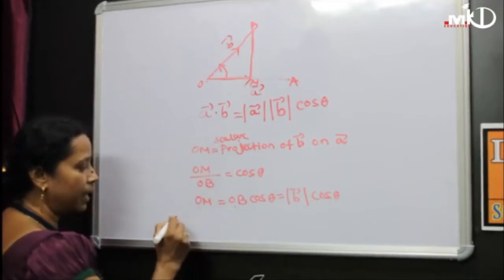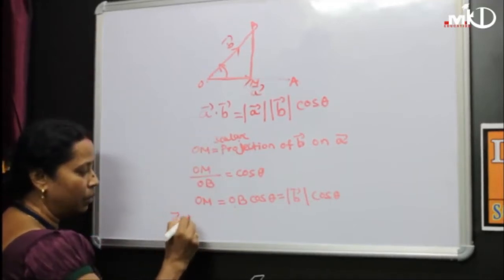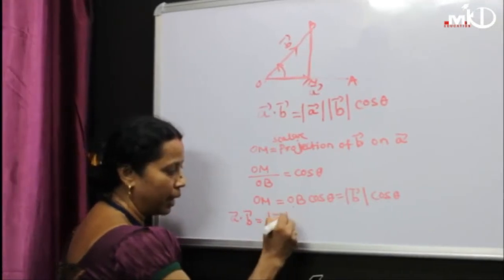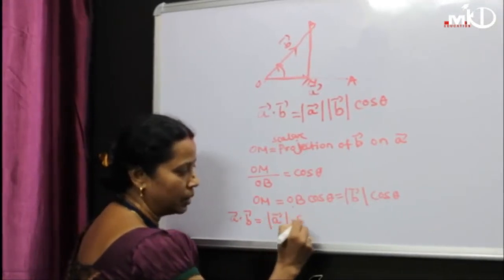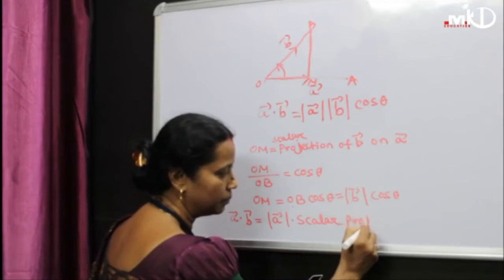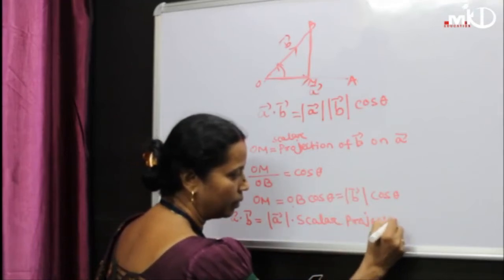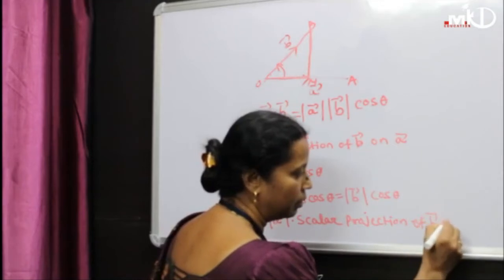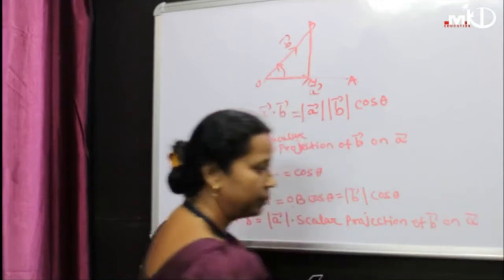So here I can write A bar dot B bar is equal to modulus of A bar into the scalar projection of B bar on A bar.